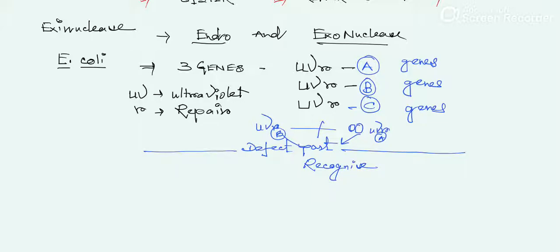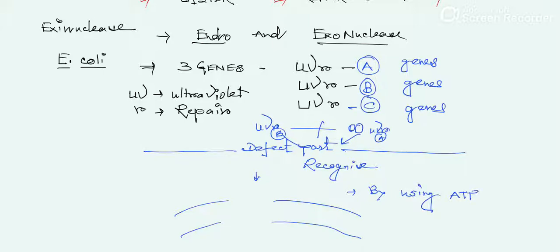I will draw a picture and I will again discuss it. I am just telling this according to the theory part: UVRA and UVRB firstly recognize this part and the defect polypeptides and use their energy to bend the DNA. In the second step they bend the DNA using ATP.